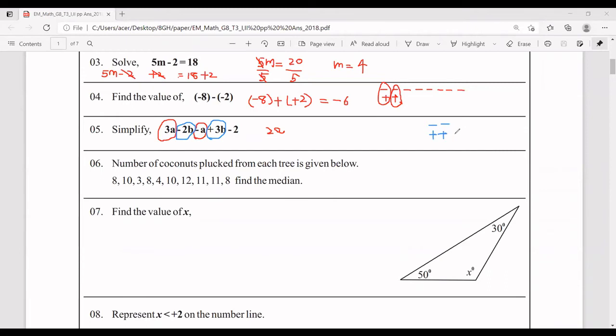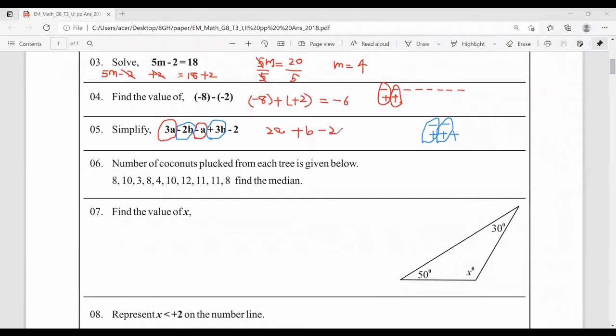Get 0 pairs and consider the remaining part. What should be the answer? Plus 1. So normally we don't write plus 1b, we can write plus b, minus 2. This is the answer.